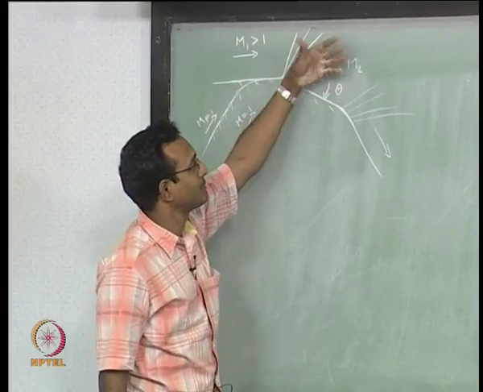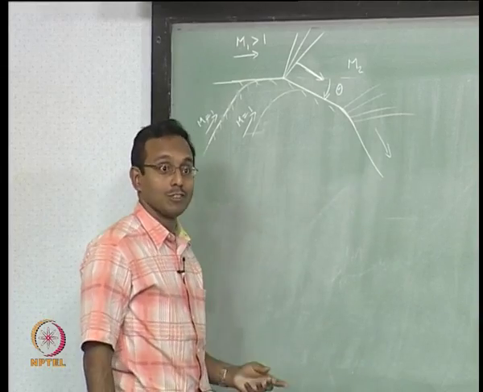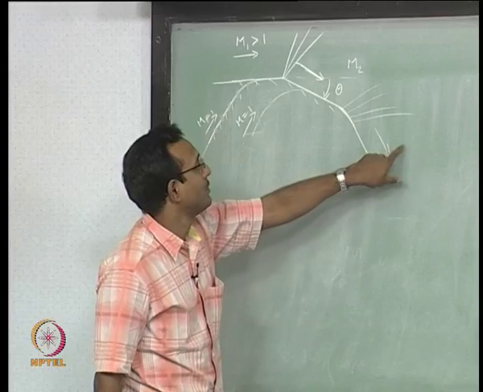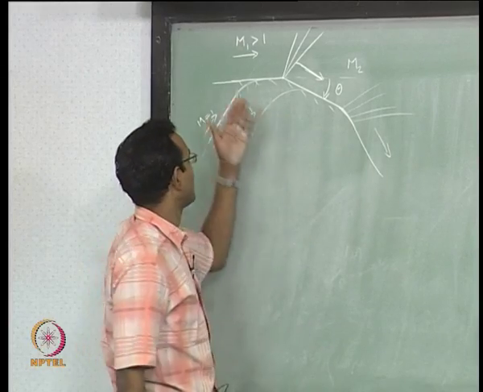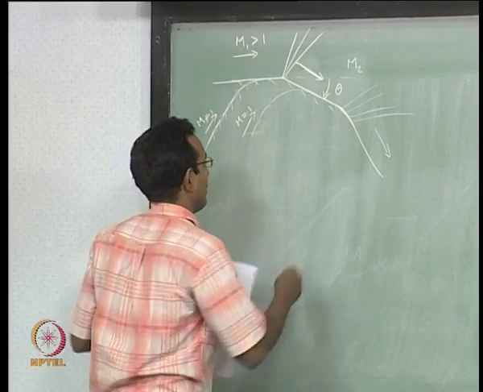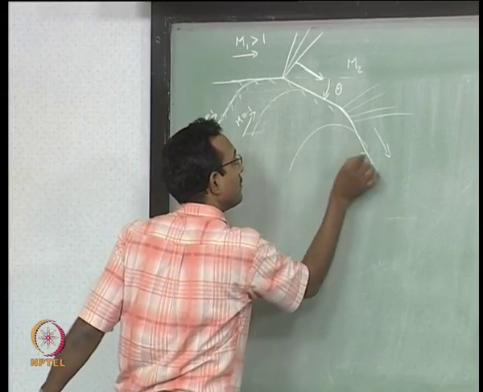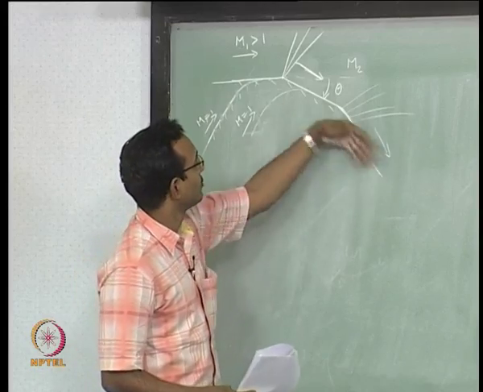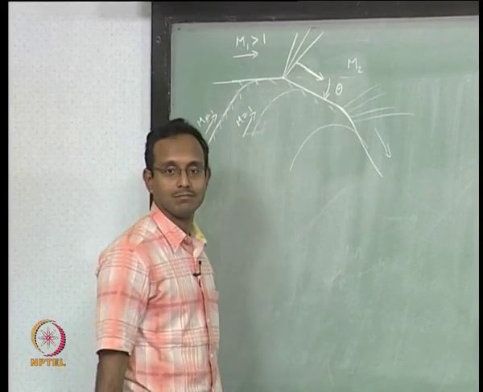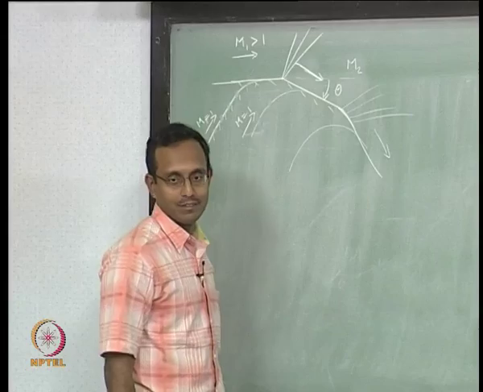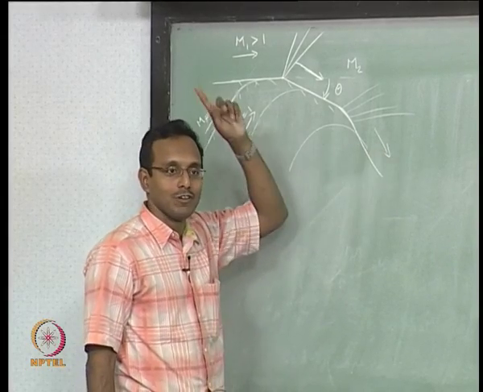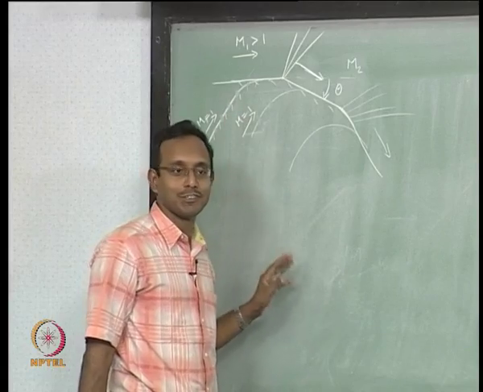Now I am saying it has to expand more. How much more? By that small angle. If I think about what the Mach number should be here, I start from m equal to 1 and I am turning the whole amount here. This turning is more than this turning. When that is happening, I can tell that this will have a higher Mach number because I know nu of m is a monotonically increasing function.